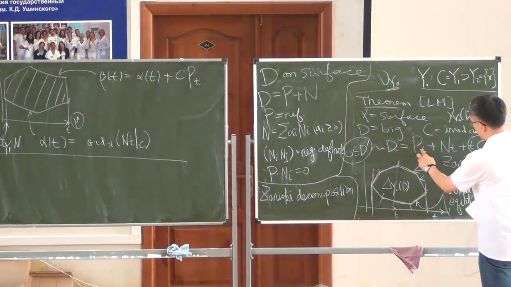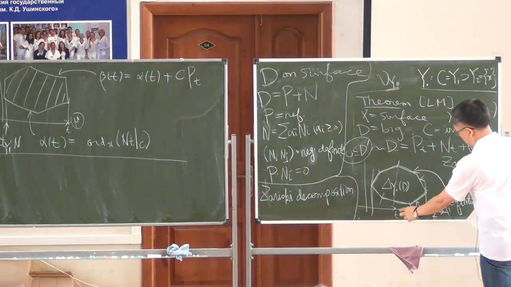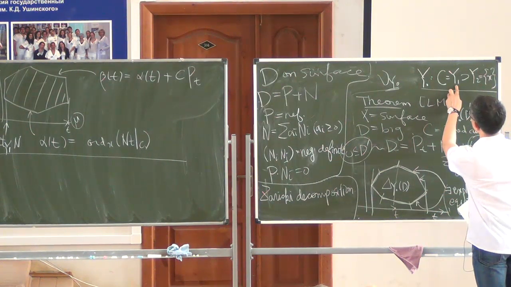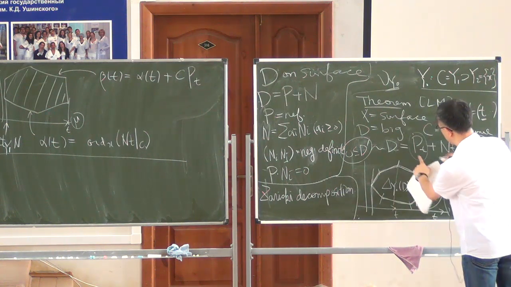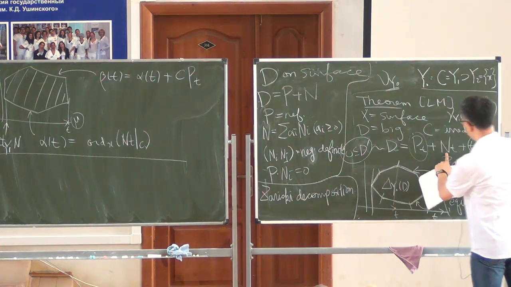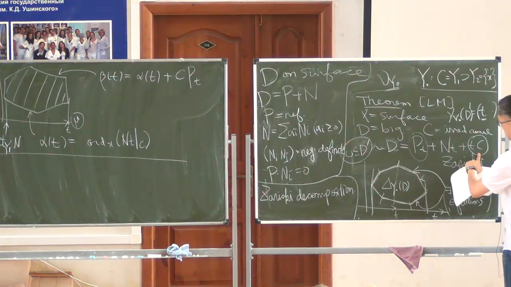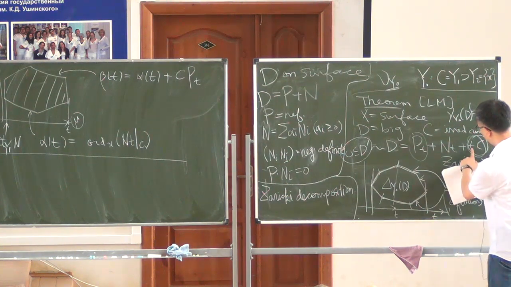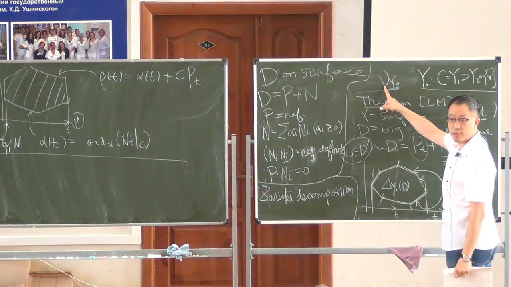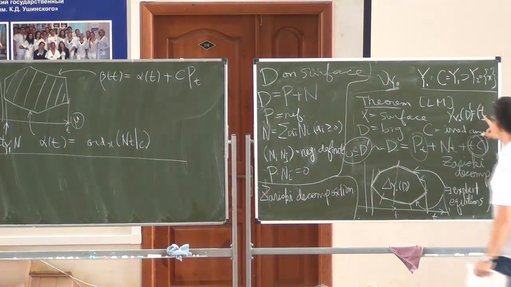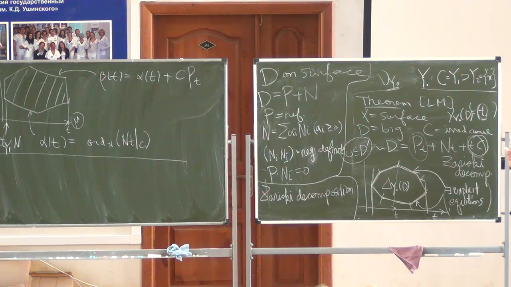So for this, you can avoid this divisor, and you don't get any multiplicity here, and here also. Okay? And the TC is only evaluated by this divisor. And this is why. Okay.